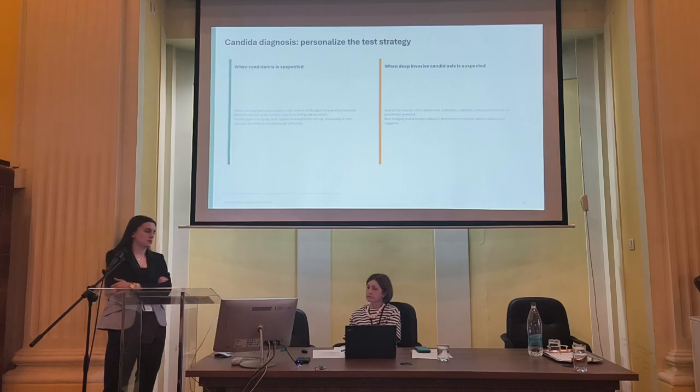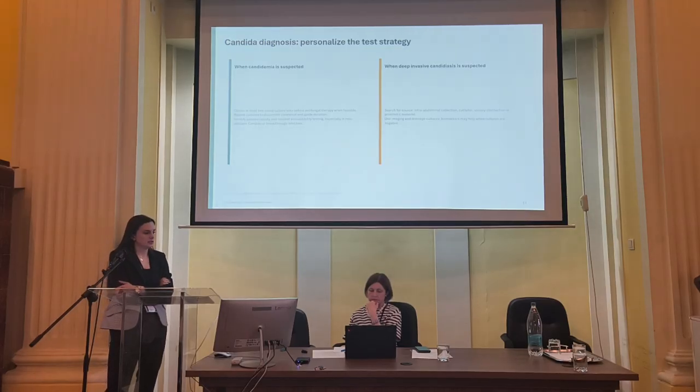When we suspect candidemia, we need to obtain two blood cultures before antifungal therapy, if possible. First, take the blood sample and then start the antifungal therapy. Repeat cultures to document clearance and to guide the duration of therapy.